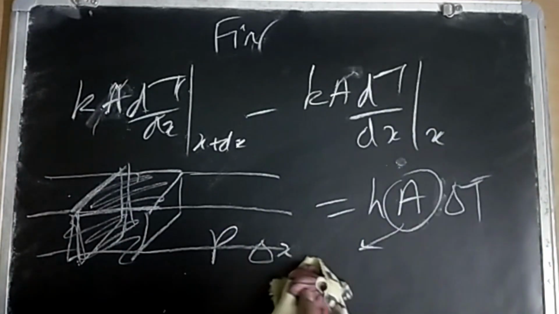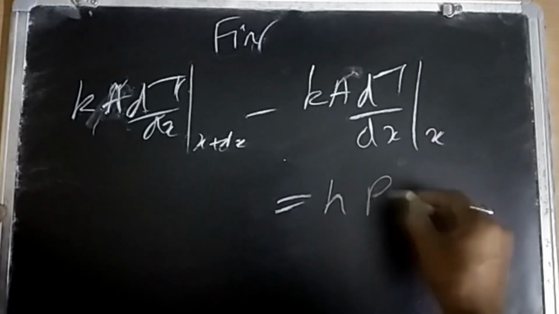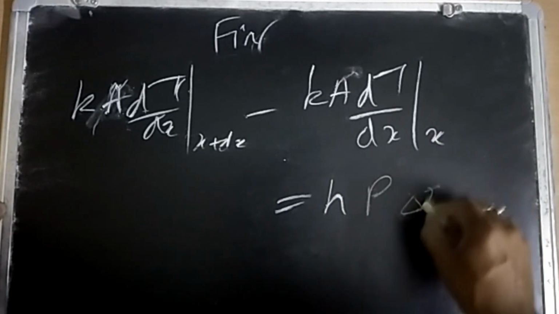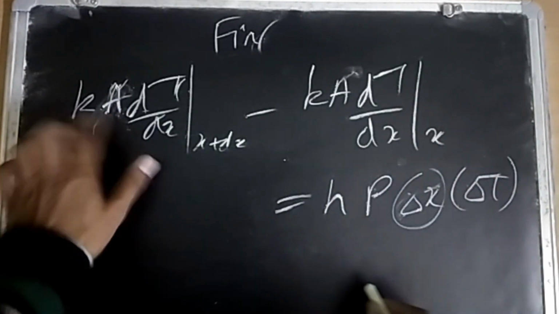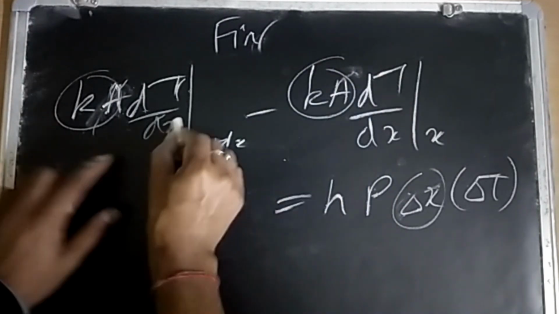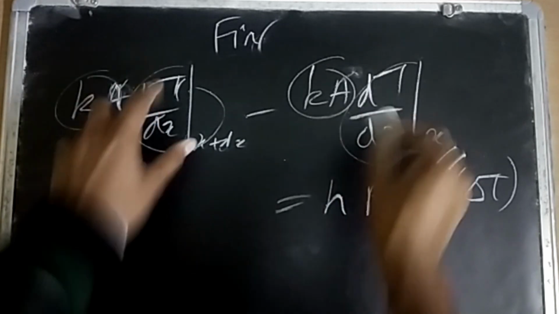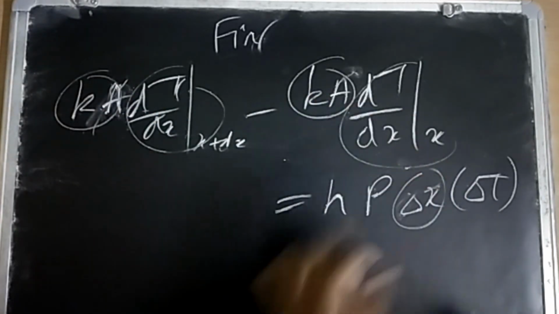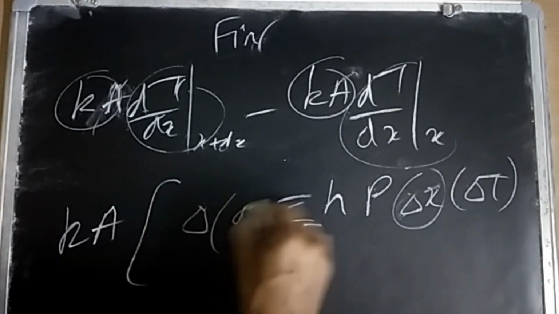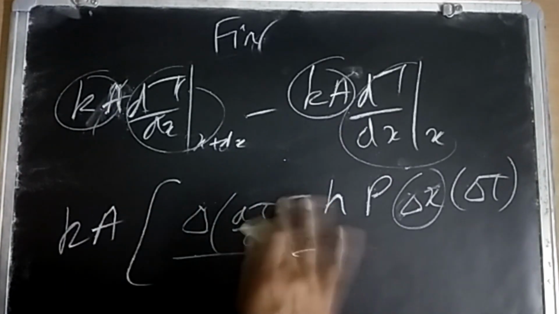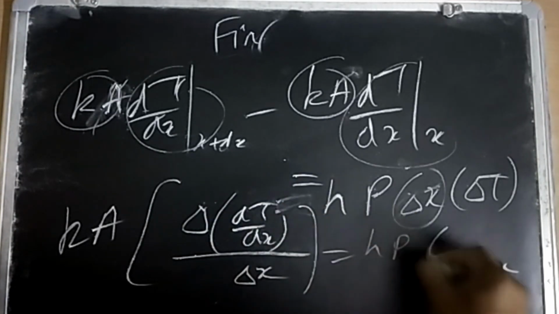So this is perimeter into delta x. So we can write it hP delta x and delta T, and here if we take KA common, the difference between these two means delta of this. So delta of this divided by delta of this, KA common, delta of dT/dx divided by delta of x is equal to hP delta T.